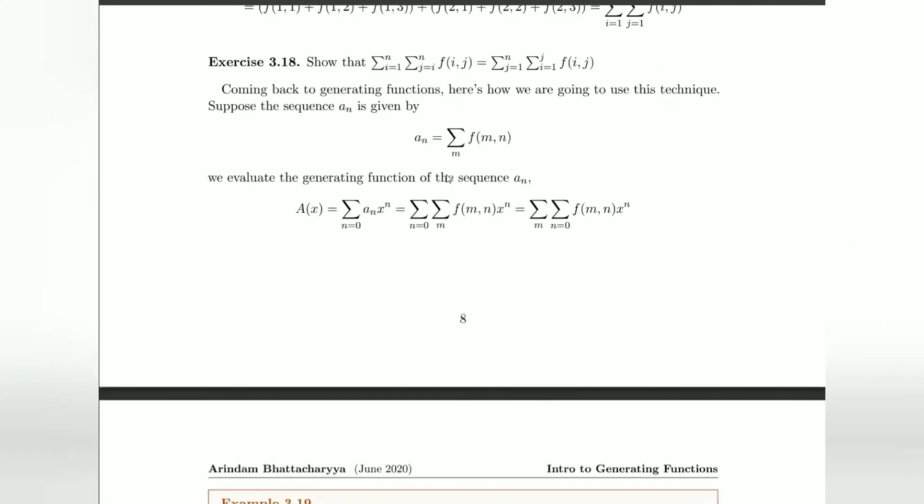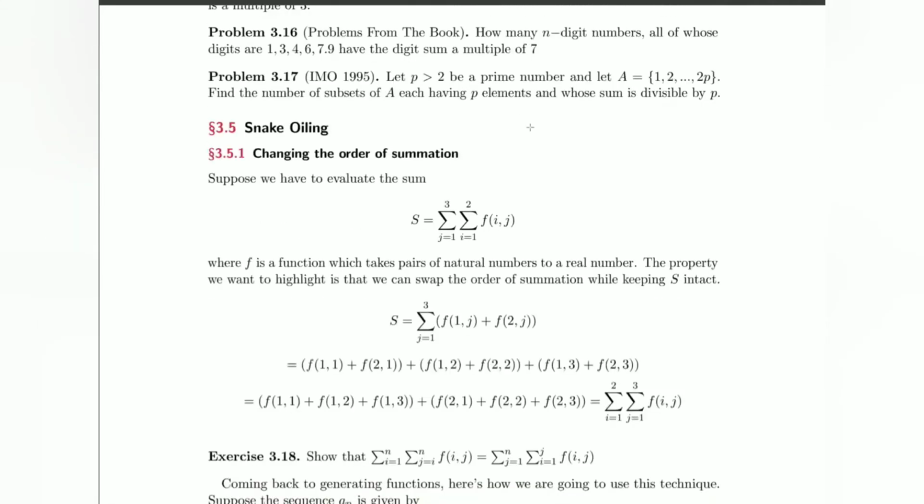Before ending the lecture, I would like to mention a few things. This idea of changing the order of summation is helpful in integrals as well. Suppose you want to find some integral, let me give you an idea of how it happens.